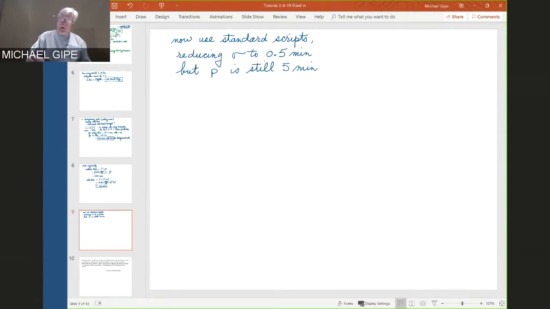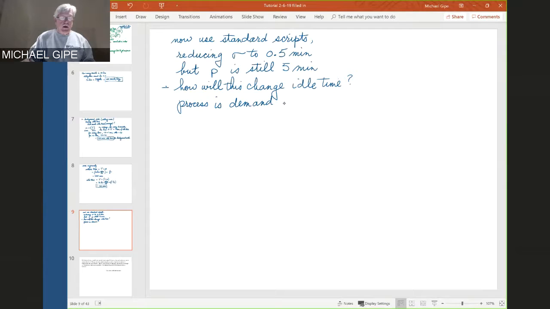How will this affect idle time? So again, remember, we're less than 100% utilized. That means that the process is demand limited.